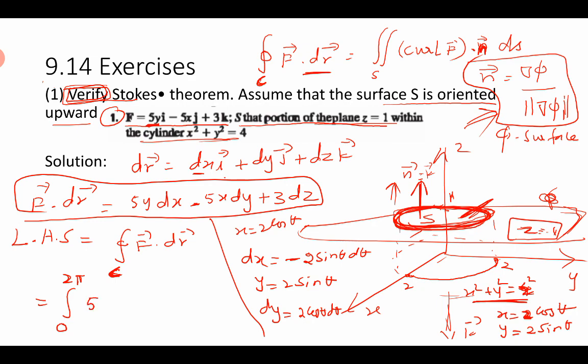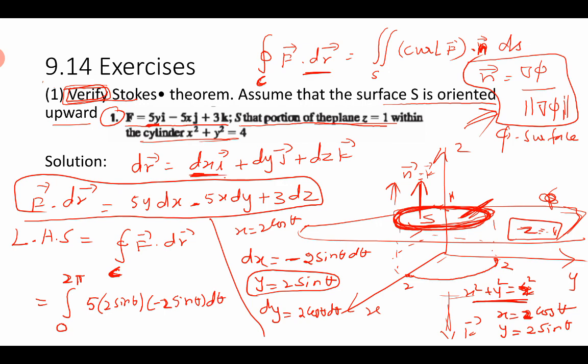5y dx: 5 times 2 cosine theta, what is y? 2 sine theta, and dx is minus 2 sine theta d theta. The first term, 5y dx, is done.